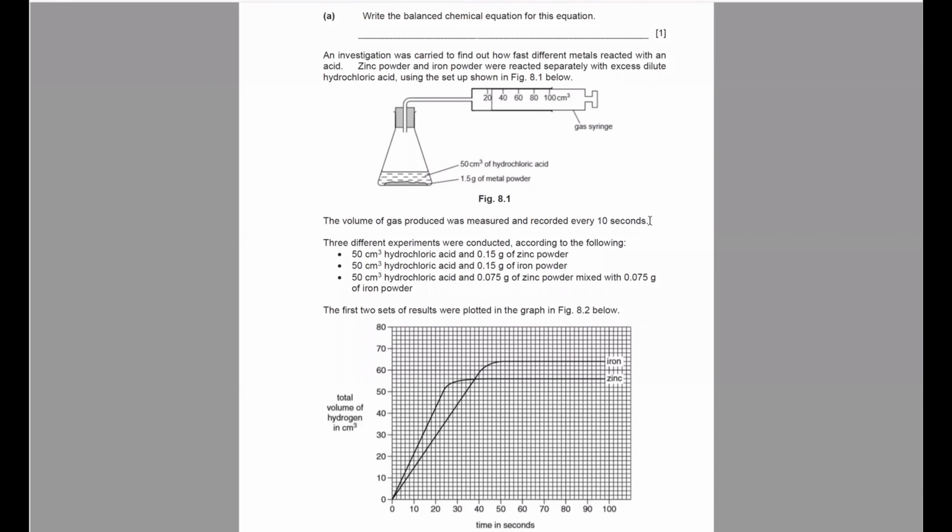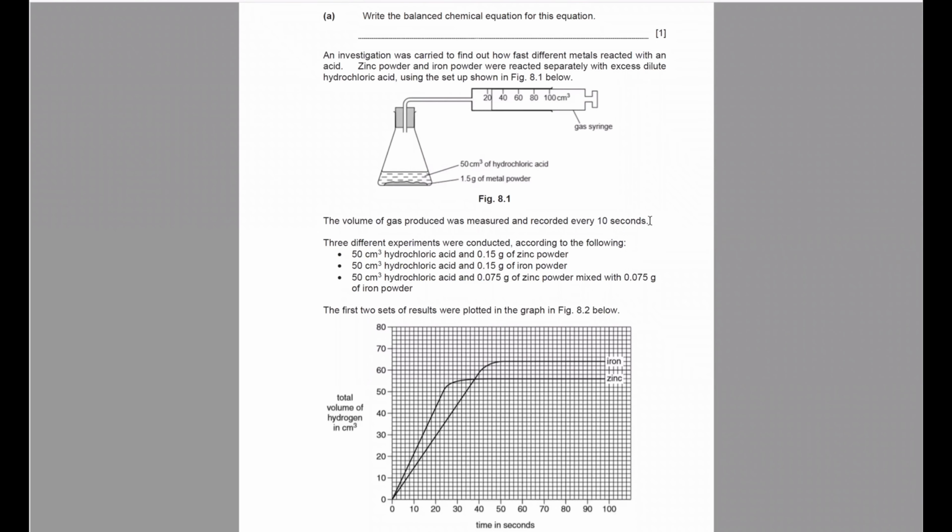Then after that, the question continues. They say an investigation was carried out to find out how fast different metals react with an acid. So zinc powder and iron powder were reacted separately with excess hydrochloric acid using the setup as shown below. So the conical flask and the gas syringe, we have the metal powder with the hydrochloric acid inside the flask.